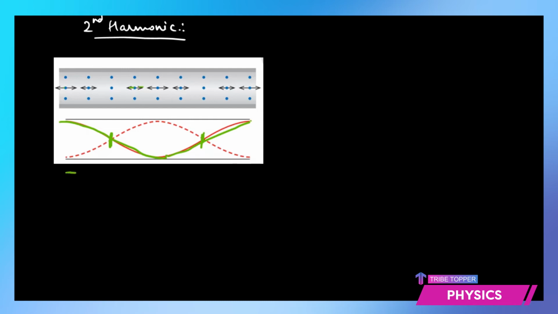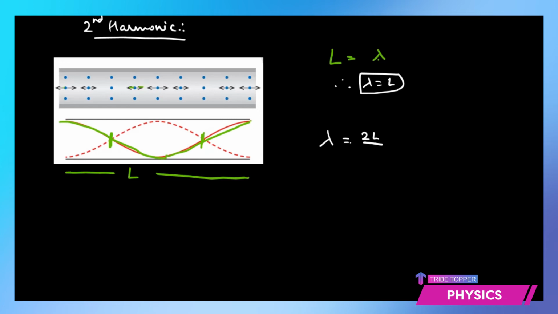Now in the same length L, how much wavelength do you have? That is equal to one full wavelength, lambda. So lambda is equal to L. That is your second harmonic wavelength. You will see that lambda for the first harmonic was 2L, which means 2L by 1.